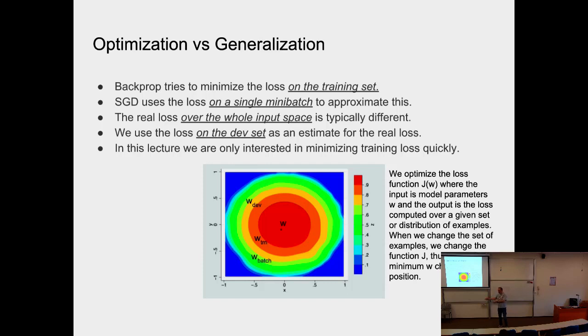If you make it too large, then you're wasting a lot of computation to calculate a direction that's too precise, even though you're going to change your direction in the next step anyway. So there is usually a happy middle, and the happy middle depends both on your data set and your hardware, and you can experiment with that. I had a notebook doing this for MNIST, and the happy middle turns out to be somewhere between 100 and 1,000, for example. If you do less, it takes longer to converge. If you do more, it takes longer to converge.